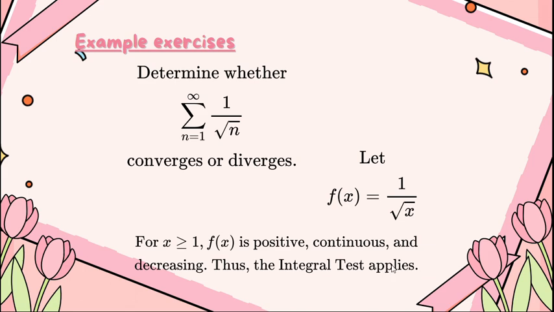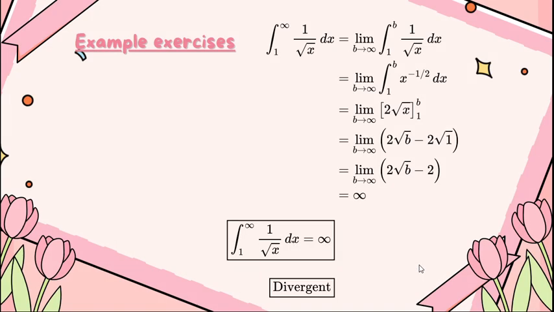So thus the integral test applies. So we do the improper integral for this function. We have the integral from 1 to infinity of 1 over the square root of x dx, which is equal to the limit as b approaches infinity of the integral from 1 to b of 1 over the square root of x dx. We transform the fraction into x raised to the power of negative 1/2 dx.